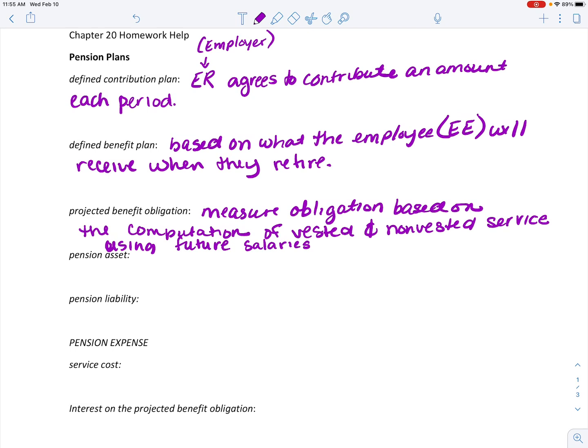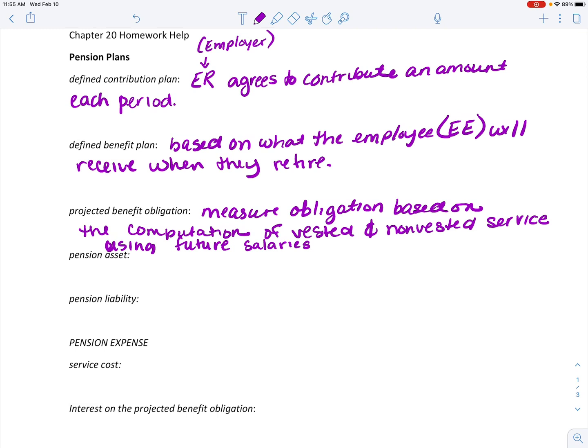So non-vested means that your numbers, your salary, your age, all of that go into the formula for how much obligation the employer has. But it's not until you are vested that you're actually going to be able to receive these contributions when you retire. So non-vested is that first portion of your service where there's a little bit more chance that the employer does not have to pay on your behalf because you might leave the company. Vested means they're going to have to pay. So these calculations are a little bit different.